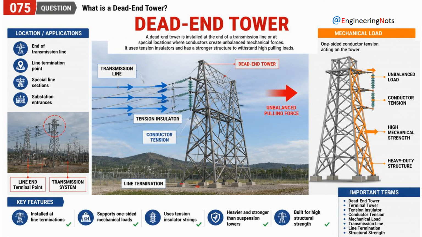For this reason, dead-end towers are heavier and stronger than ordinary suspension towers. The insulator strings used on dead-end towers are installed in tension configuration to support the conductor pulling forces. In summary, a dead-end tower is a heavy-duty transmission tower used at line terminations and locations with high unbalanced mechanical tension.